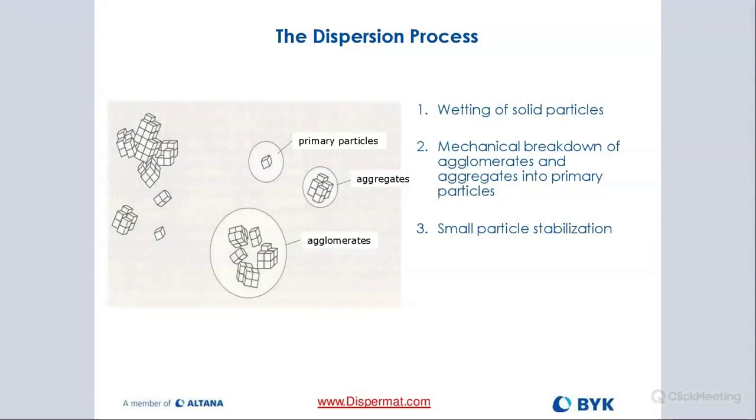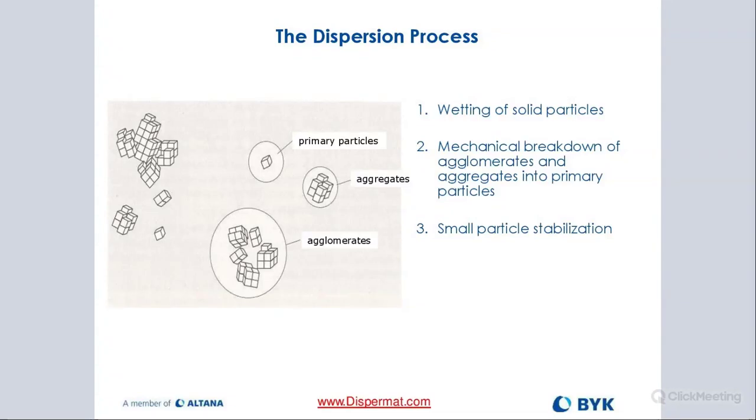The dispersion process, which I'm going to cover really briefly. What are we really trying to do here when we talk about dispersion? It's pretty much a very simple thing. All we want to do is break up these larger agglomerates, these particle clusters that you can see, and turn them into aggregates. And then ideally, we want to bring those aggregates down to primary particle size.